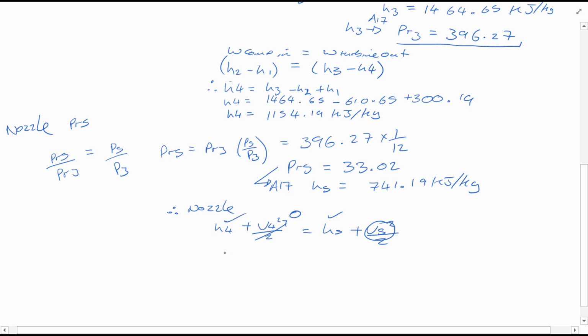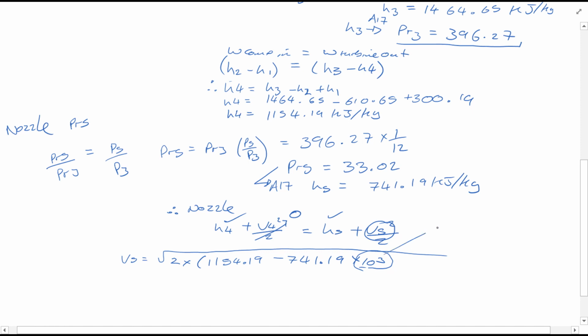So rearranging this equation, times 10 to the 3, which is of course, this is very important because we're interested in having it in joules, and working that out will give you a value of 908.9 meters per second for V5.